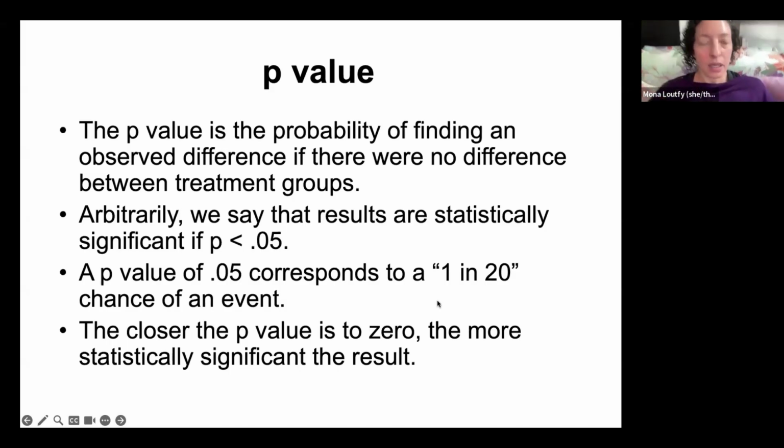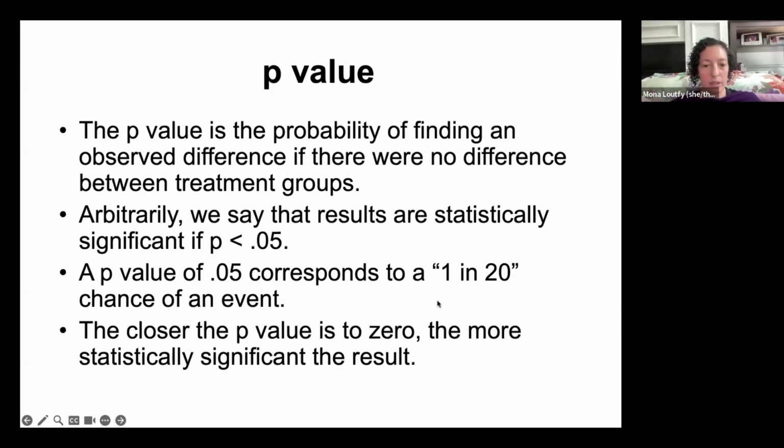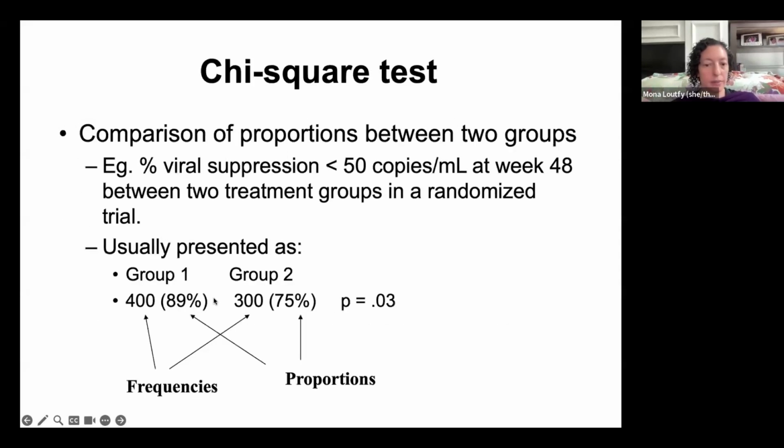So in this example, the p-value is 0.03. We can say as analysts that we are 95% sure that it is a true difference, but there's a 3% chance that the difference is not real.